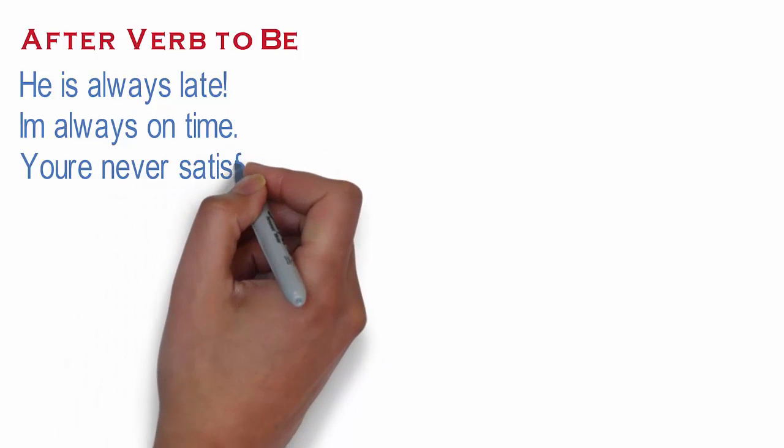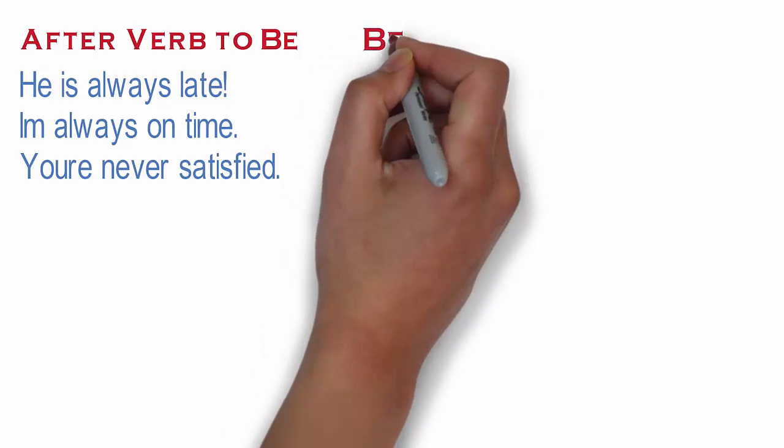As you can see, he is always, I am always, you're never. We use adverbs of frequency after verb to be. So, is usually, is sometimes, is often, is never. You don't say usually is or sometimes is, okay?